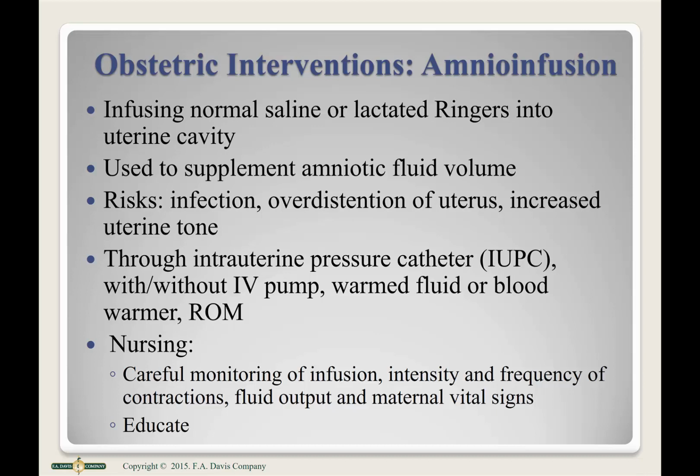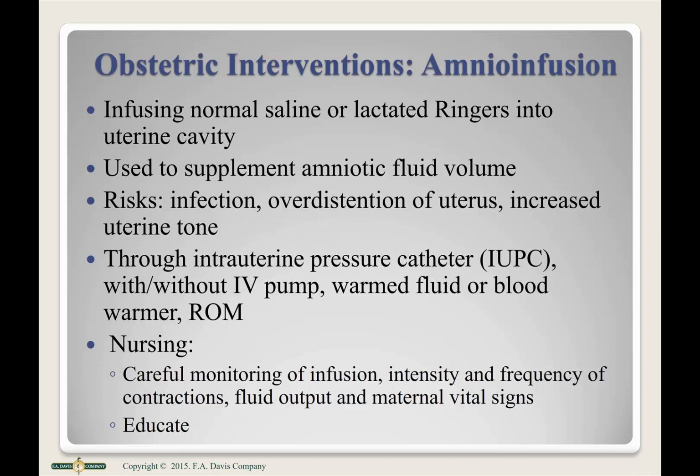We would do an amnio infusion, however, if we had severe recurrent variable decels and we still had quite a ways until the patient was completely dilated and ready to deliver. We would give more fluid in the uterus to cushion that cord and alleviate some of those variable decels. Remember, variable decels are from cord compression.